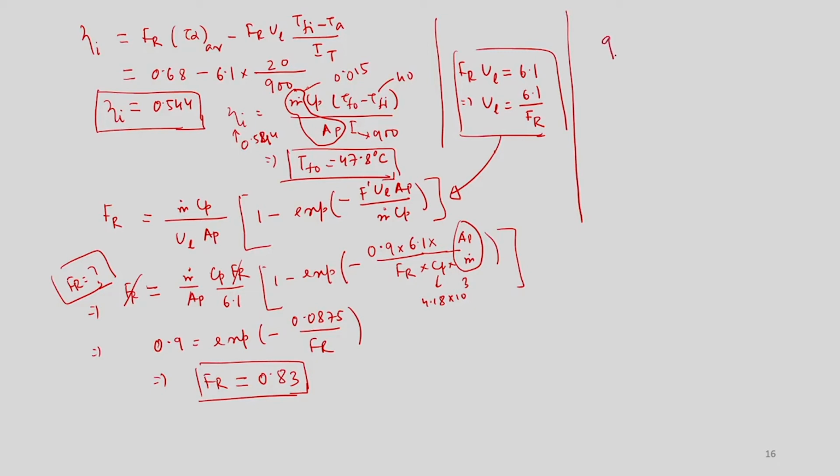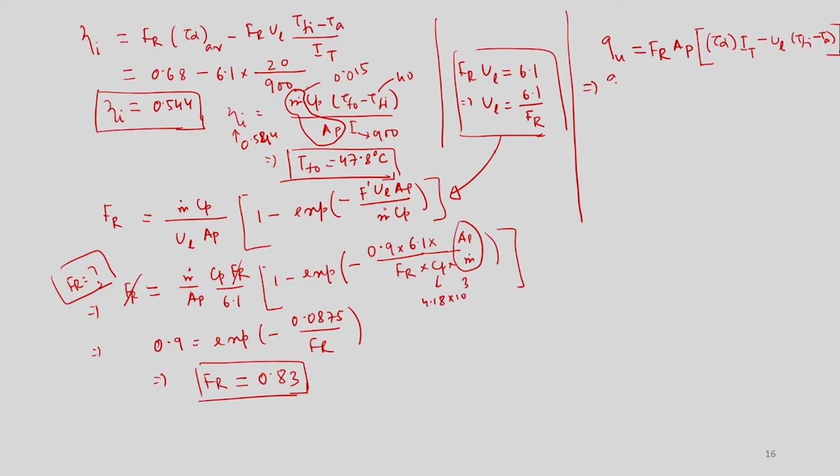So, QU is equal to FR AP, then we have tau into alpha, into I or IT, then we have UL, TFI minus TA.